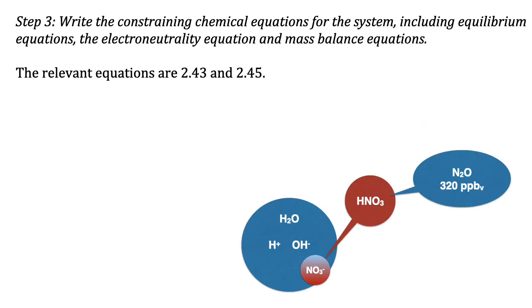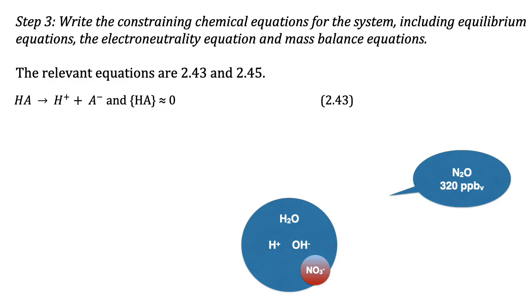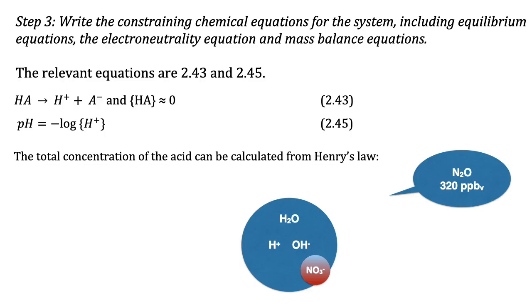The next step is to write all the equations that may be relevant. In this case, again, a strong acid means that the HNO3 is going to disappear and we'll be left with nitrate and additional hydrogen in water from the nitrogen oxides that are in the atmosphere. They're going to change their form when they dissolve into solution, and that may affect the pH of our system.